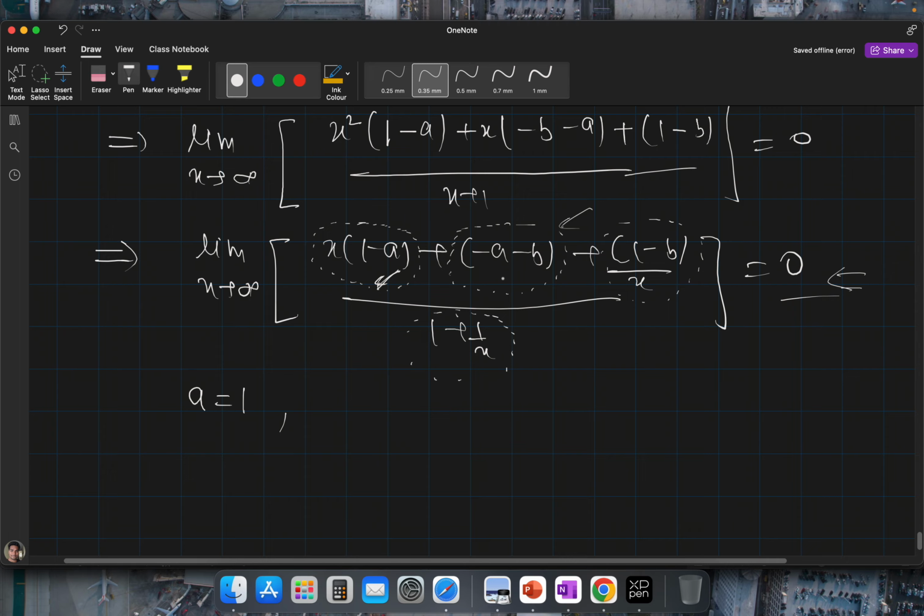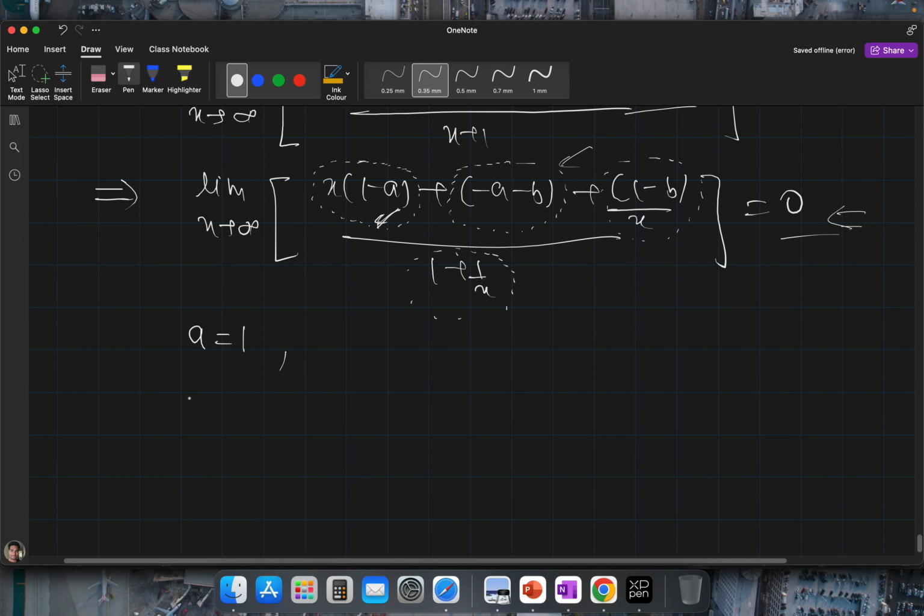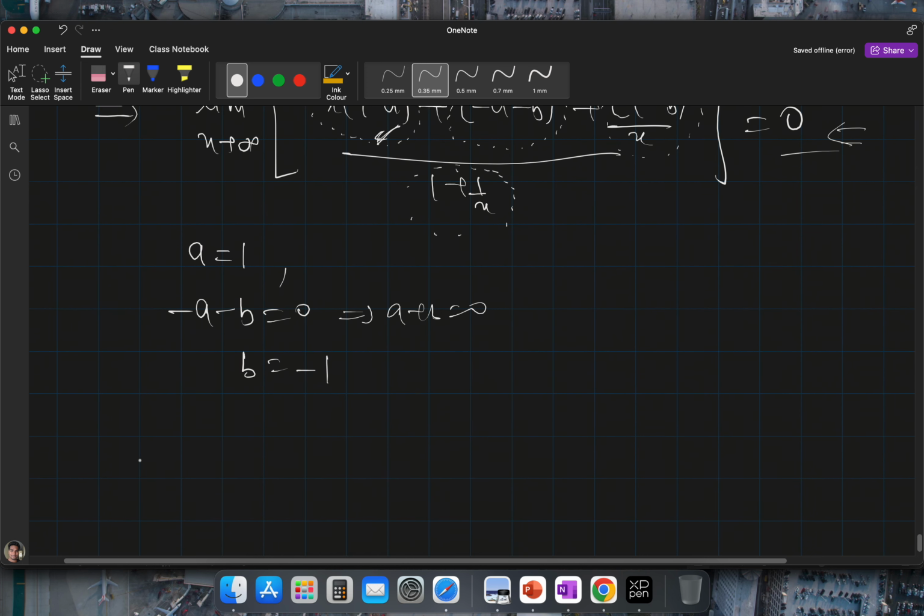So this term should also be equal to 0. Then you will get a 0 value. Which means that a plus b equals 0. So if a equals 1, then b equals minus 1. So the answer is a equals 1 and b equals minus 1.